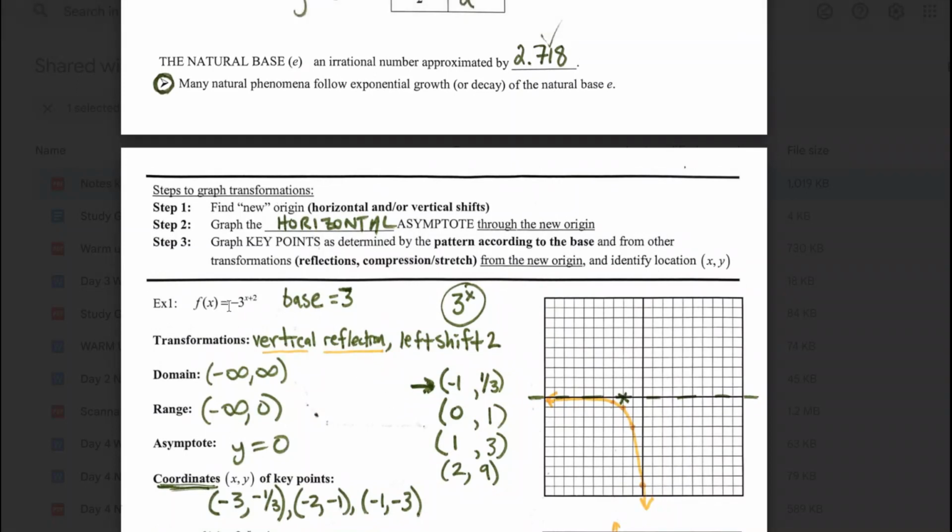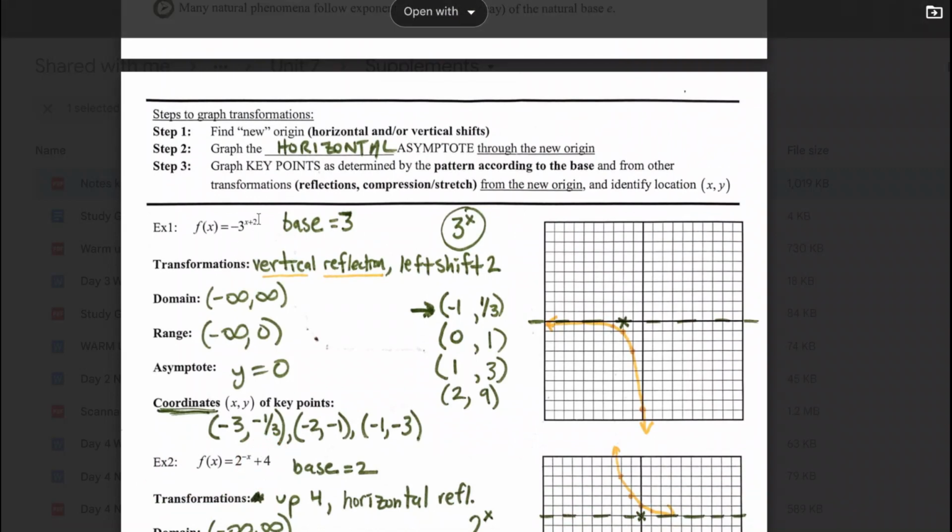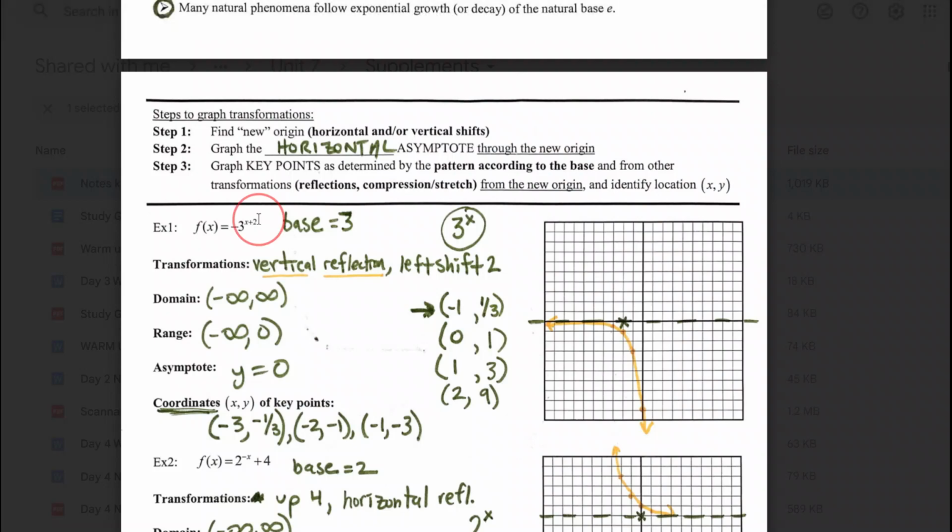What I do when I look at this is realize, like we set up above, that we're going to shift this left 2, and we're going to have a vertical reflection. If we scroll down to the next example, we would talk about how that is actually going to be a shift up and down. When it's tied into the exponent, it's left-right.